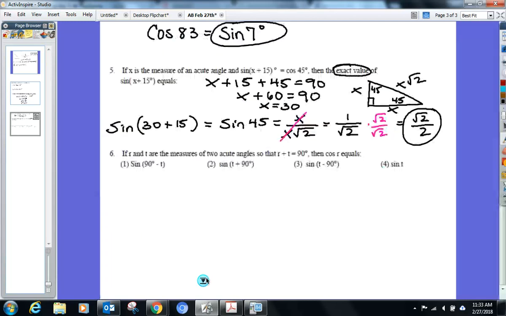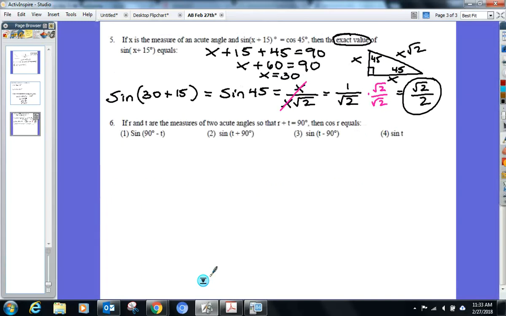Last one, then you're on your own for the homework. Ooh, multiple choice. R and T add up to 90. Cosine of R should be the same as which one up here? Sean, going to take a stab at it? I think it's one.